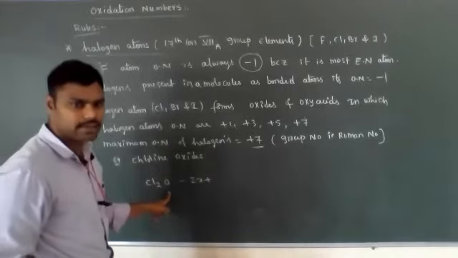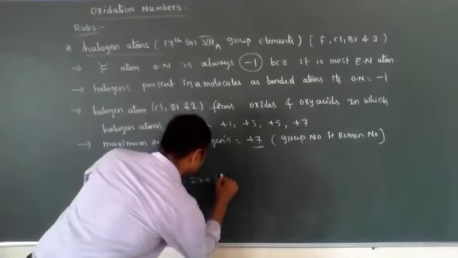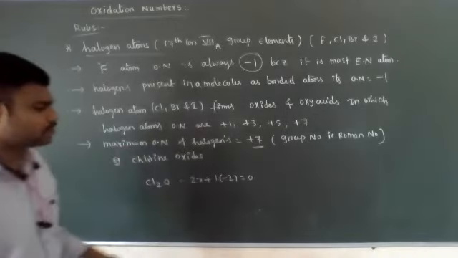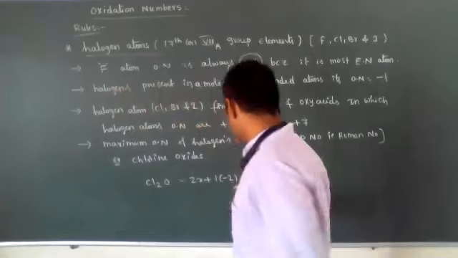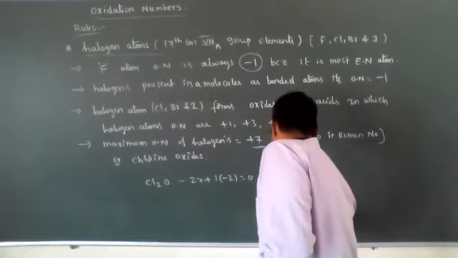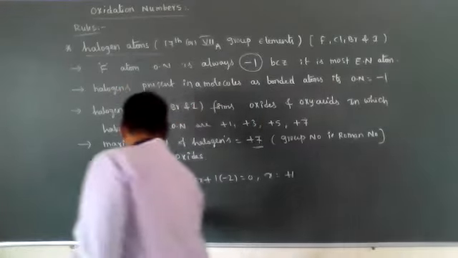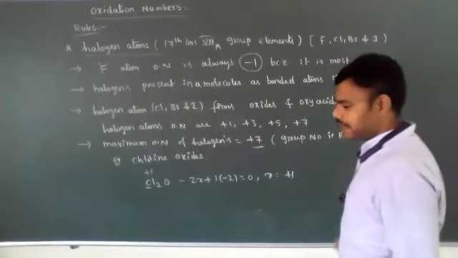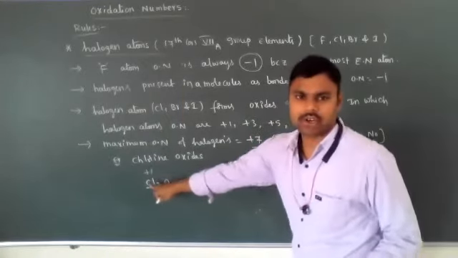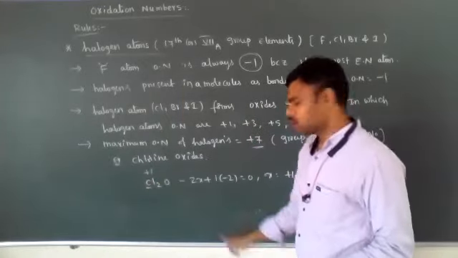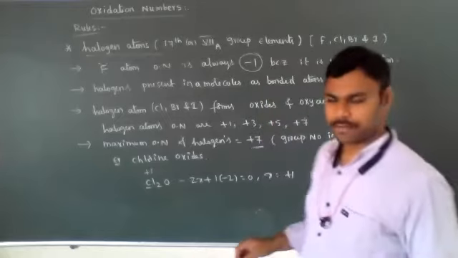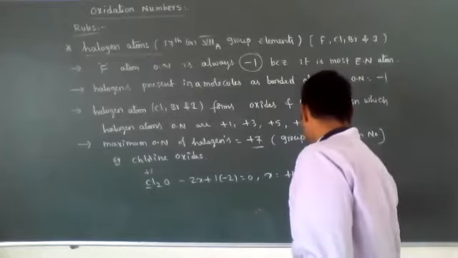The oxygen atom oxidation number is always -2, equal to 0. Then 2x is equal to +2. Then x is equal to +1. See, in Cl2O, chlorine oxidation state is +1. Each chlorine atom is +1, total 2 chlorine atoms are present, so +2 and -2 are neutralized.